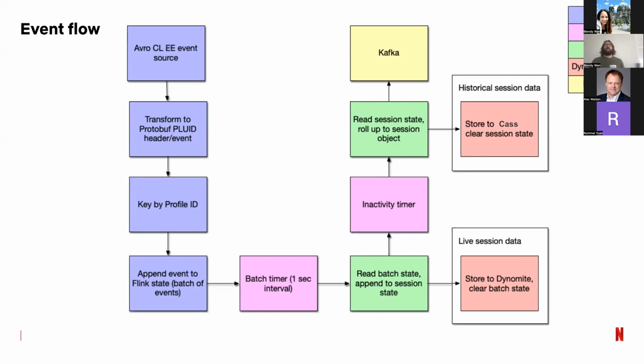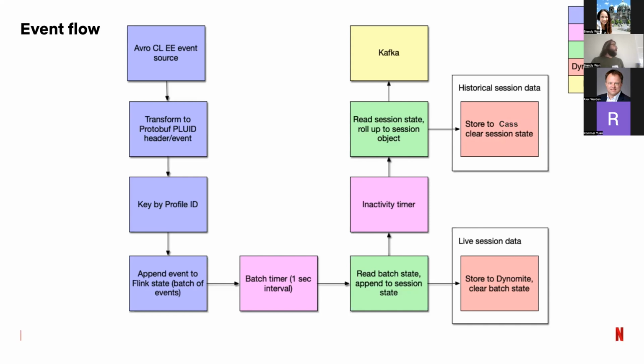Once the data is grouped in this way, we are appending it into the Flink state. The Flink state is basically storing a list of events for each profile ID. As this is happening, there's a batch timer that fires every 1 second, using Flink's standard timer mechanism.